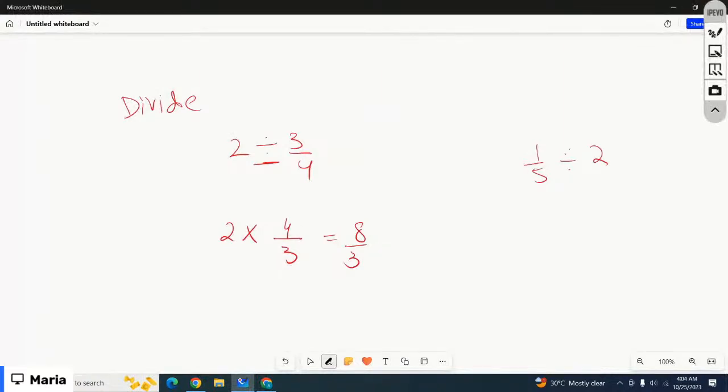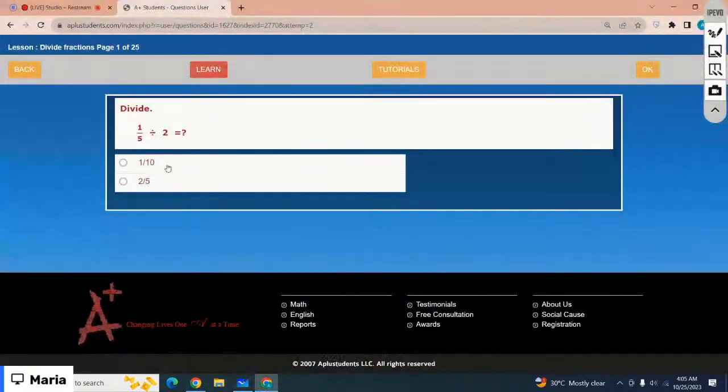So change this division sign to multiplication and take the reciprocal of the term. 2 by 1, it would be then 1 over 2, right? Yes, that is 1 over 10. So the correct option is 1 over 10.